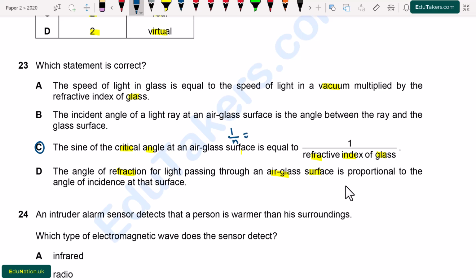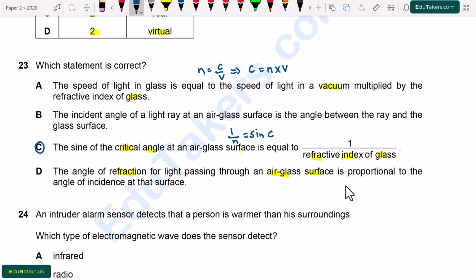which shows that 1 over n is equal to the sine of the critical angle. We also know that the refractive index n is equal to c over v, where c is the speed of light in the vacuum and v is the speed of light in any medium.